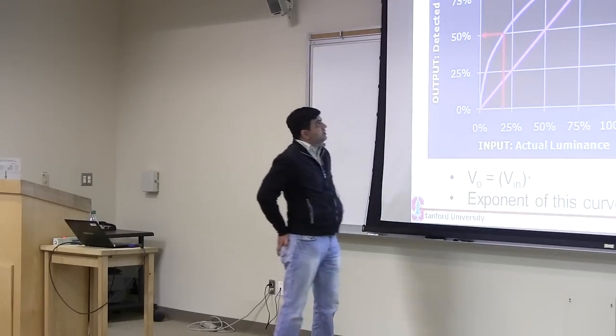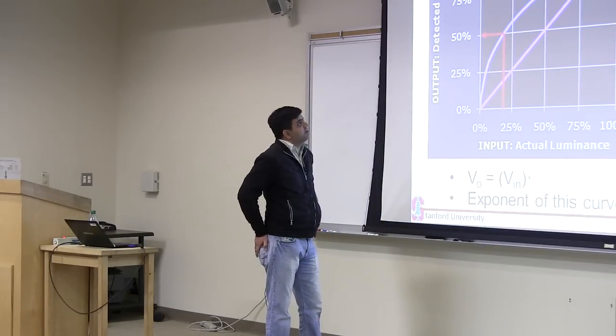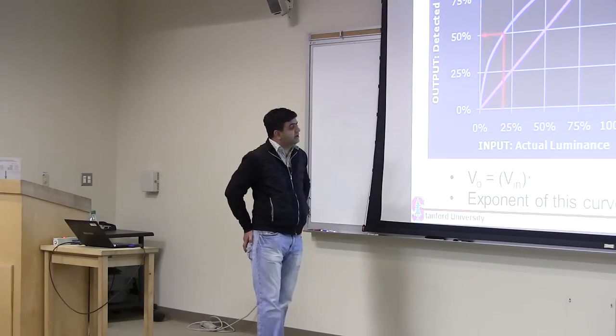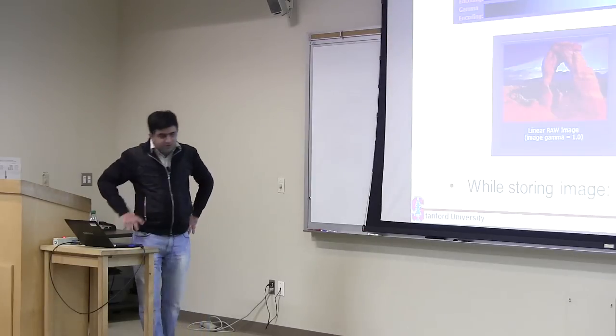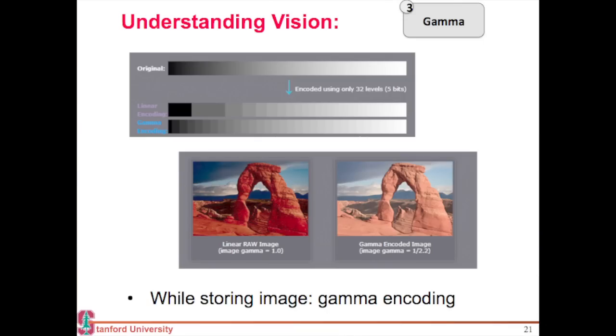That's why the gamma for our eyes is 2.2, and why most displays have to adapt to that. When we store an image, our camera or image sensor has a linear response function. The number of photons it records depends linearly on the intensity of the light that hits the sensor of your camera.